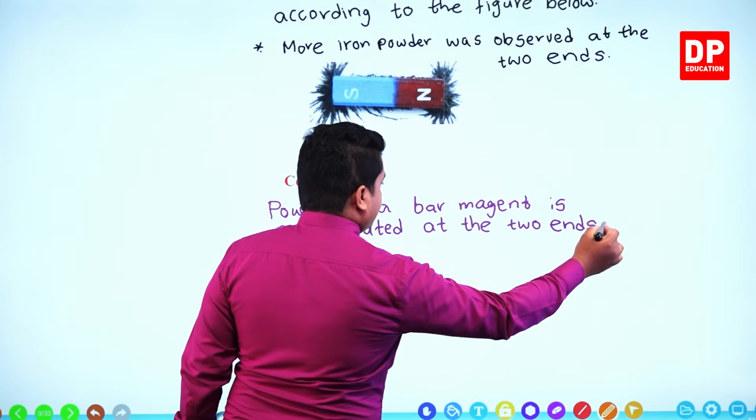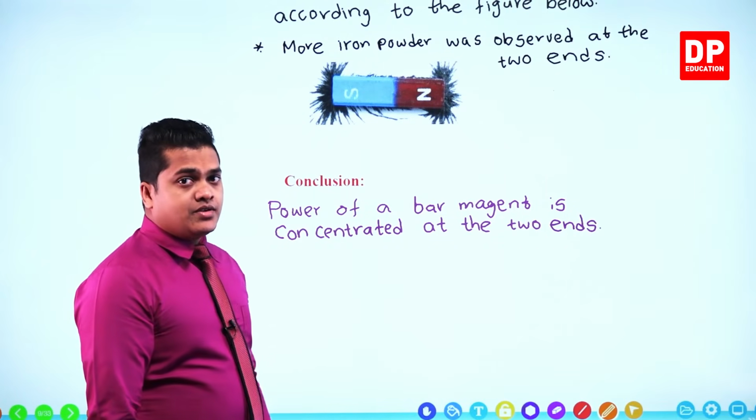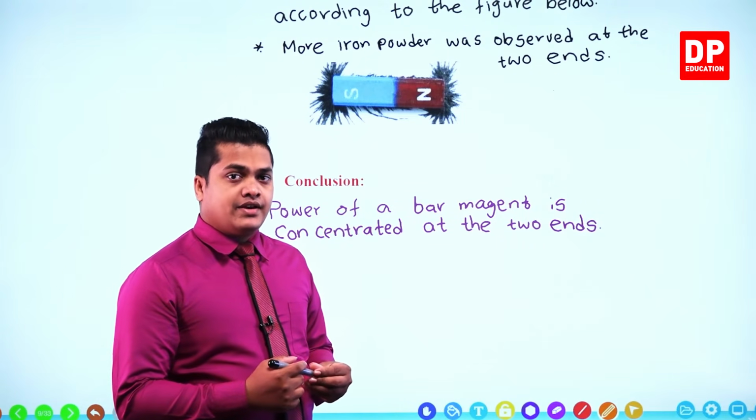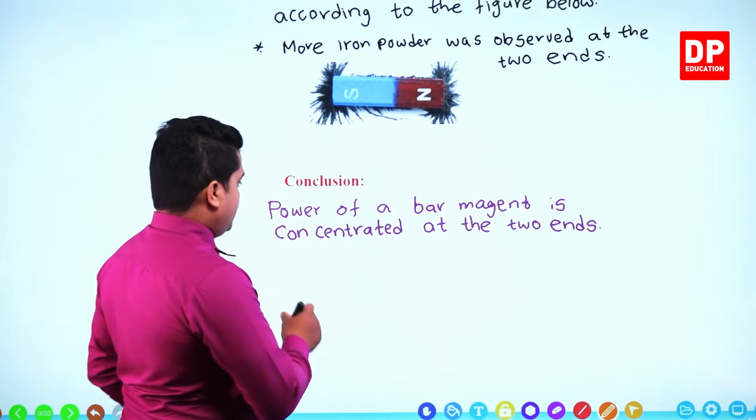At the two ends, we can observe the most magnetic power or the most magnetic field, right?